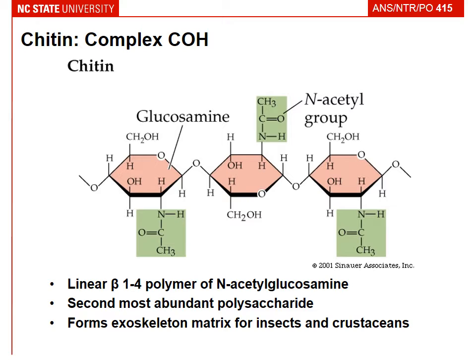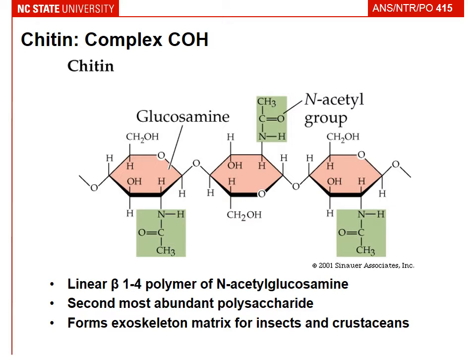Now, we talked a little bit in the last lecture about cellulose and how it's different from starch, and cellulose is the most prominent carbohydrate in the world, and the second most prominent carbohydrate in the world is chitin. And chitin, if you remember, is what makes up the exoskeleton for insects and crustaceans. So if you like to eat crab or lobster, that outer shell is all made up of chitin.